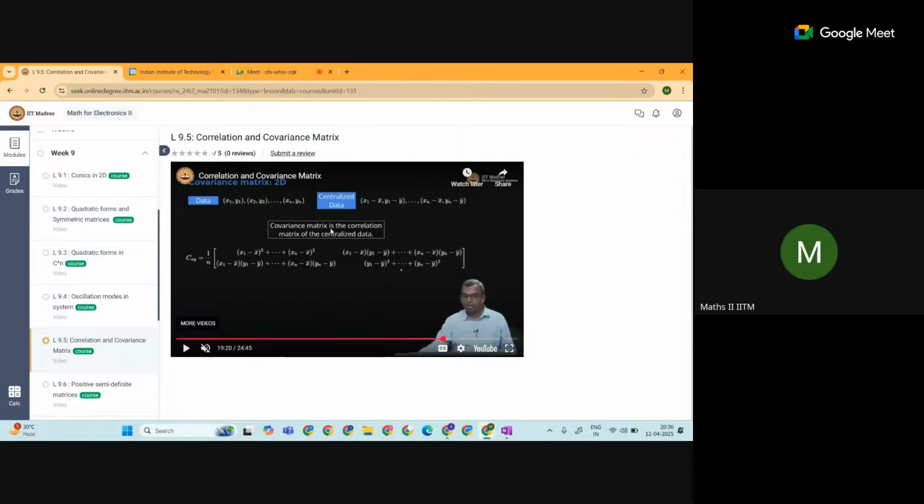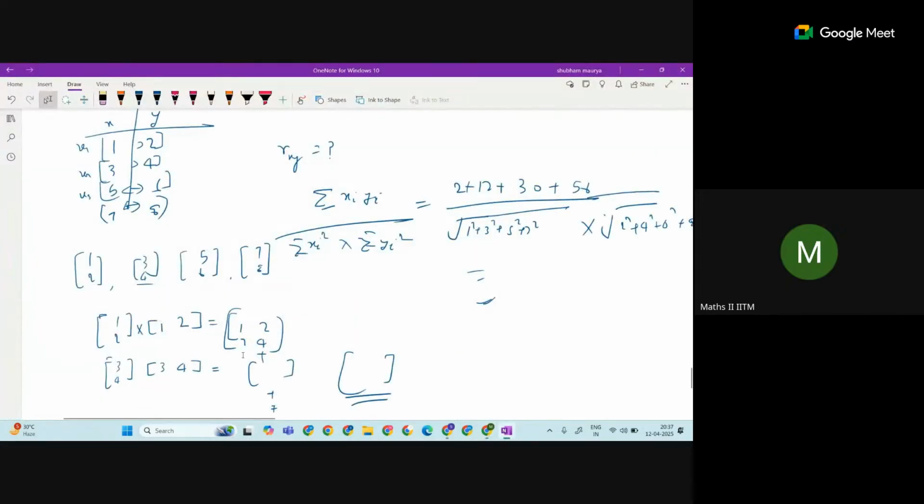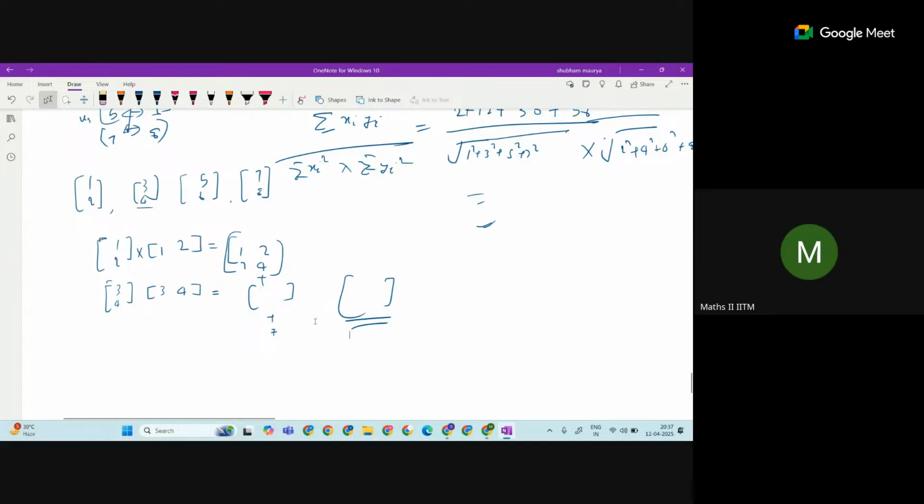Here is the covariance matrix formula. You can remember it easily. Otherwise, there is a different way to write it. You have data given, first centralize it. Once you centralize it, find the correlation matrix of this, using the same formula we were finding.